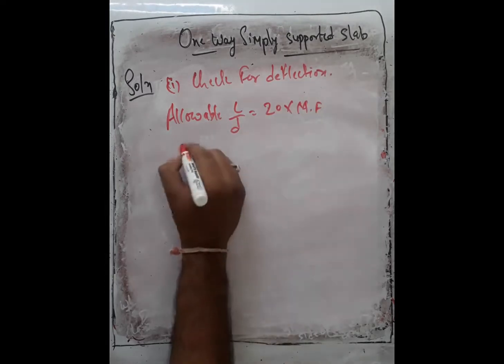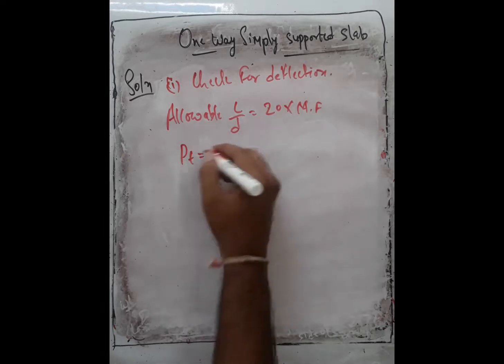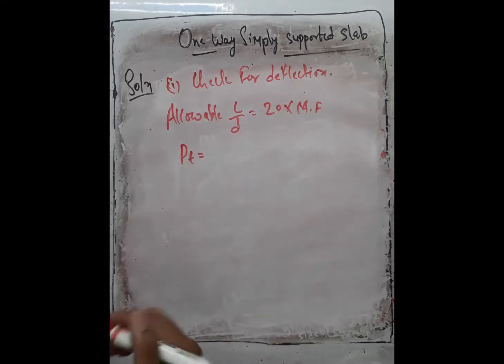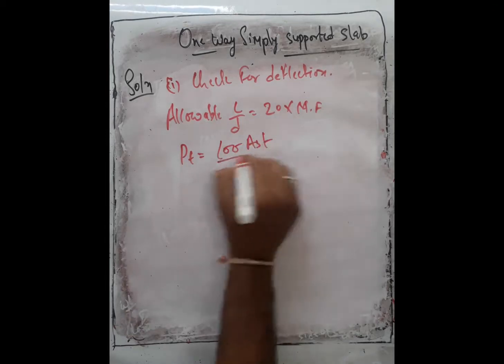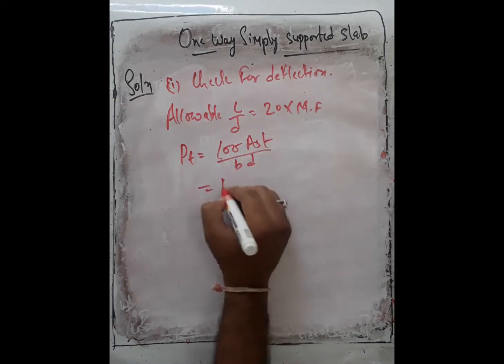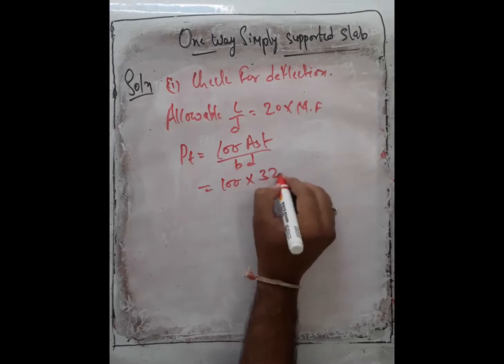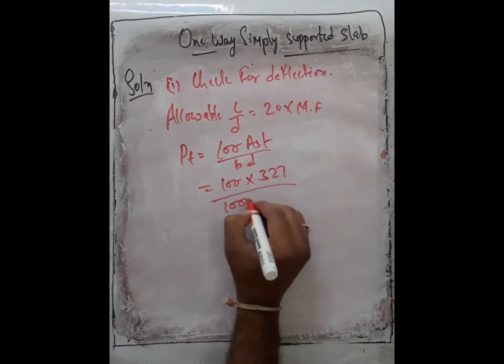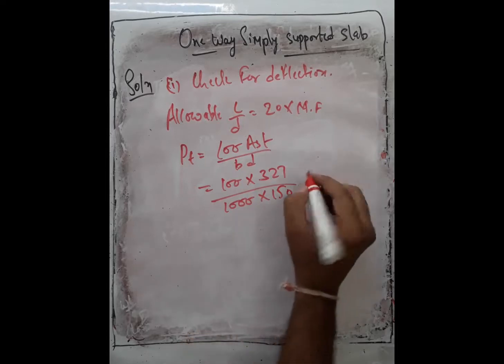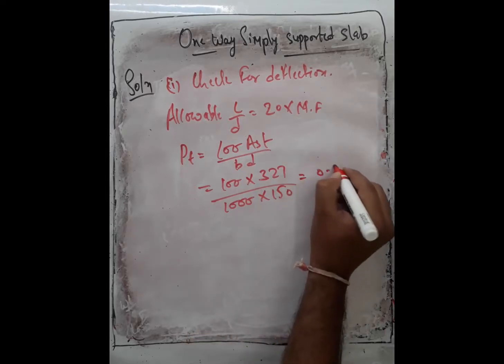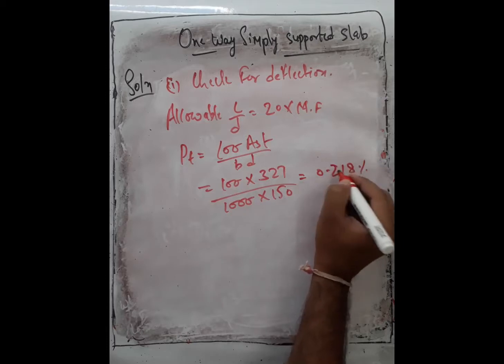Okay, now we have to find PT. The first time we assumed PT is 0.6%. Now we have all values, so we find PT for the main bar: 100 AST upon BD, 100 into AST, which is 327, divided by 1000 into 150. Here we get 0.218%.